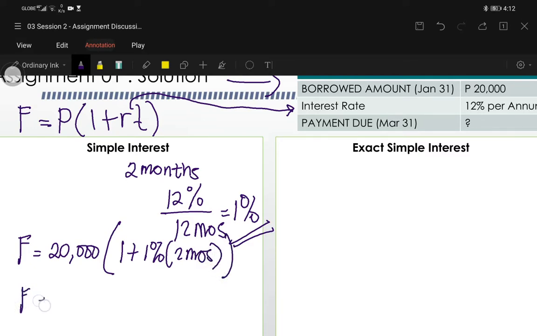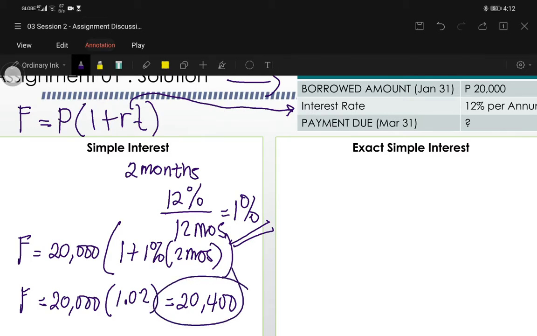So, F is equal to, okay, kindly get your calculator. 20,000 times 1.02, which is equivalent to 20,400. So, for simple interest, you have to pay the amount of 20,400 on March 31.